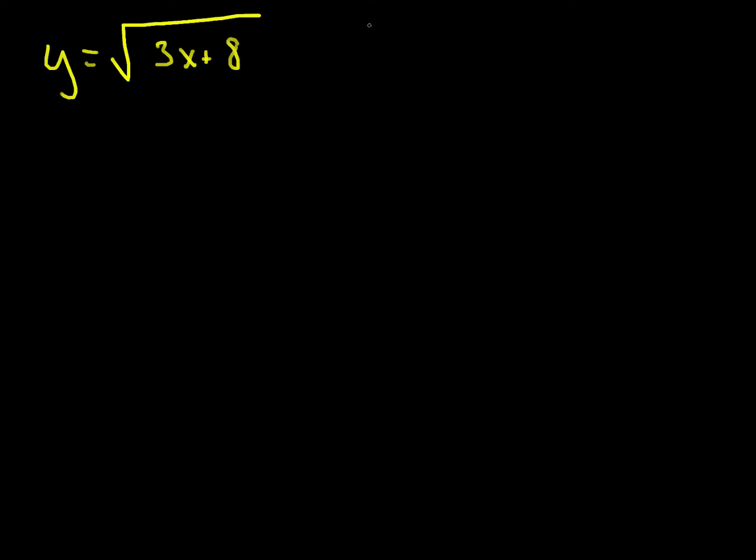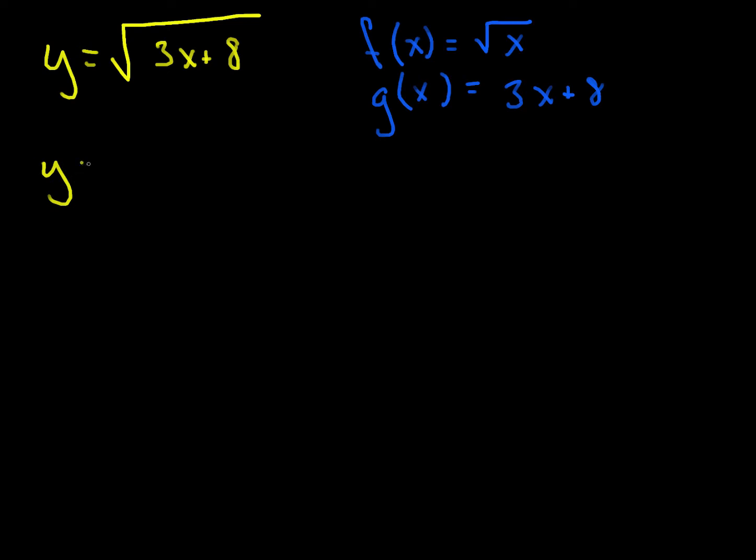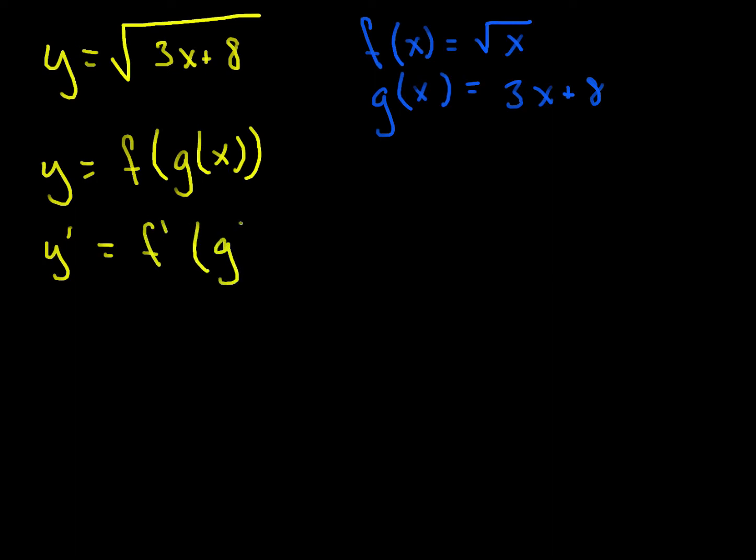So we can say that maybe our outer function f of x is the square root of x, whereas the inner function g of x is 3x plus 8. So then with that, we can rewrite y as being f of g of x. And our chain rule says that y prime is equal to f prime of g of x times g prime of x.